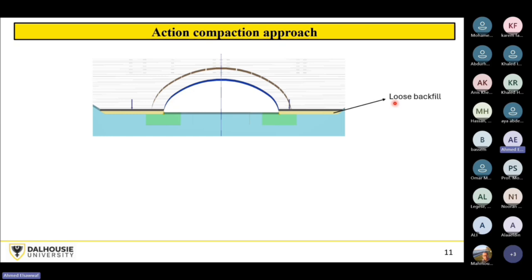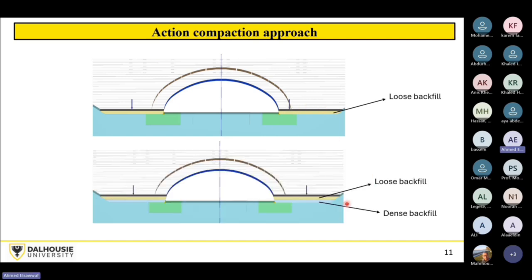Loose state means small stiffness and low friction angle. And then in the same phase, remember to put your compaction efforts. We are simulating the compaction effort here as a surface surcharge of a value of 15 kPa. This value was calibrated against a number of field tests, and it has been tested and verified that it's reliable to simulate the effect of the compaction machines going forth and back a number of times to compact the soil.